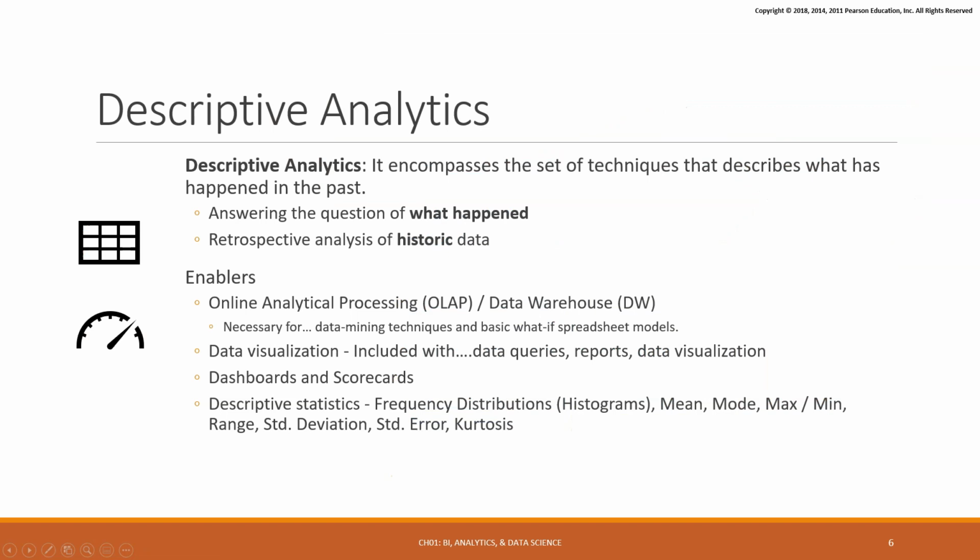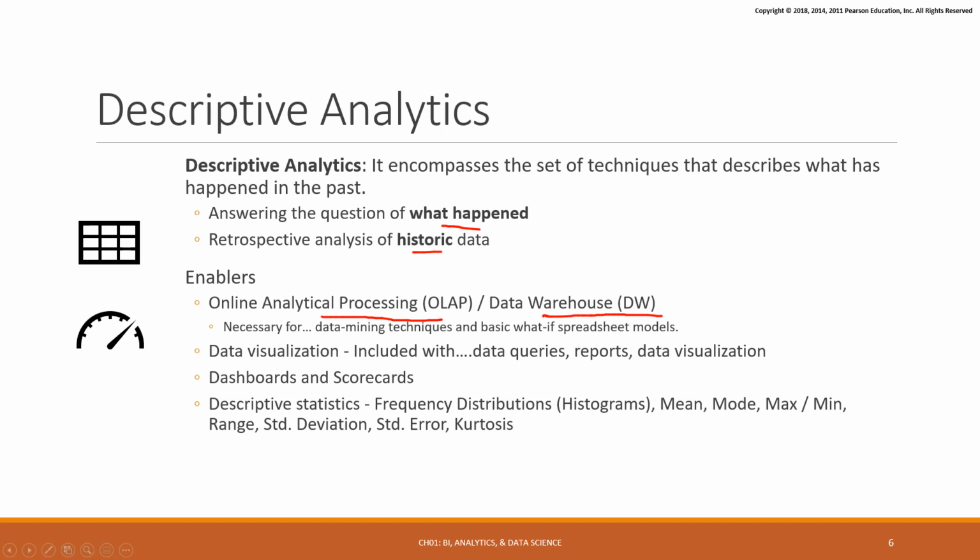All right, so first we'll look at descriptive analytics, and as I mentioned before, it's a measure of what happened, and we're using historic data. Some of the tools that we're going to focus on this semester deal with OLAP, or online analytical processing. And this really is a function that is derived from the use of data warehousing.